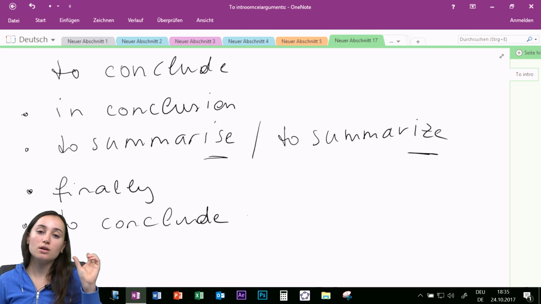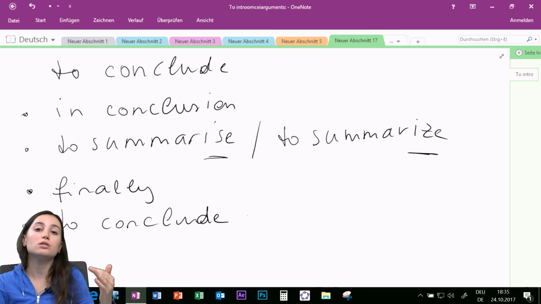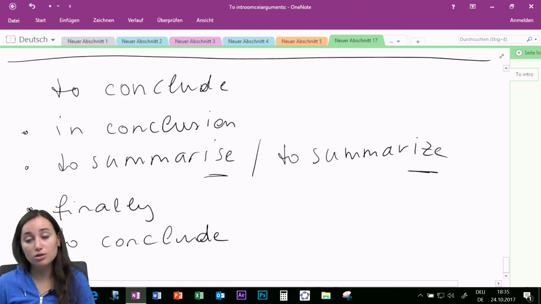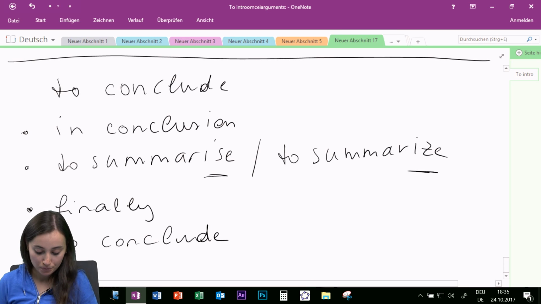They should have a specific place in your presentation in order to guide the audience through your talk or through your exam. So this is also the reason why I only gave you 3 to 5 or 6 signposts, which will be enough for your presentation, for your exam, of course. So try to use them right and don't overuse them. Okay.